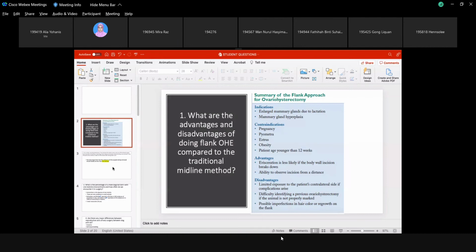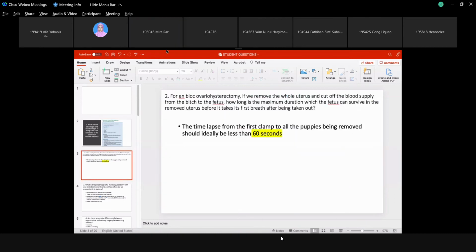Yes, doctor. Okay, so the second question: for en bloc ovariohysterectomy, if we remove the whole uterus and cut off the blood supply from the bitch to the fetus, what is the maximum duration which the fetus can survive in the removed uterus before it takes its first breath after being taken out?